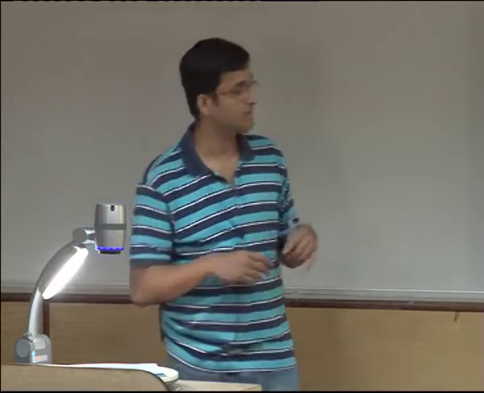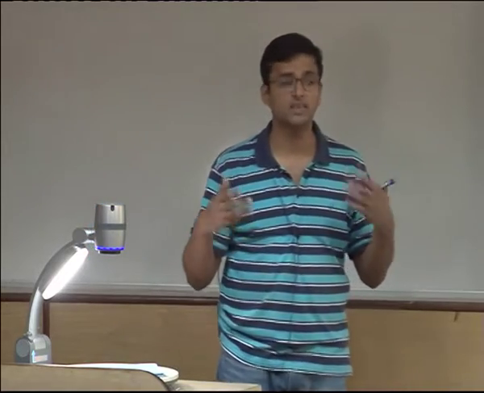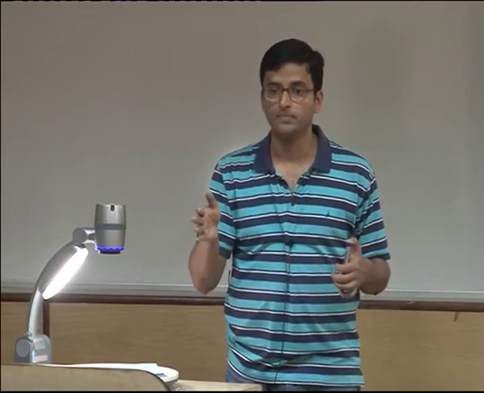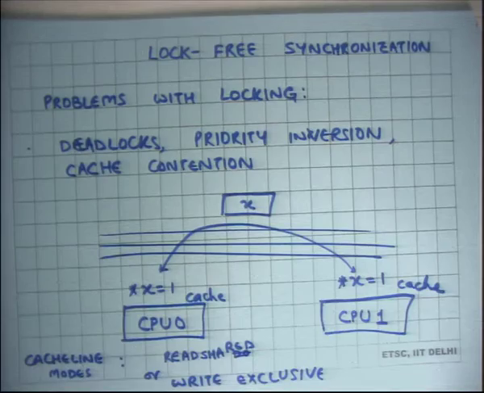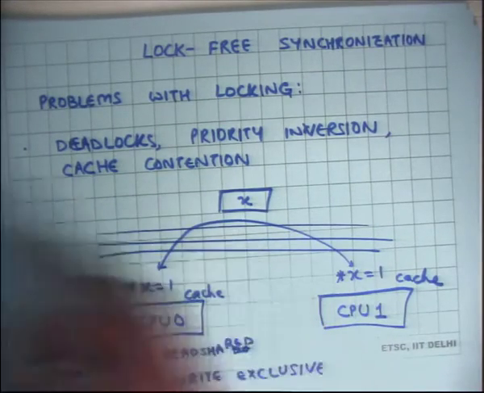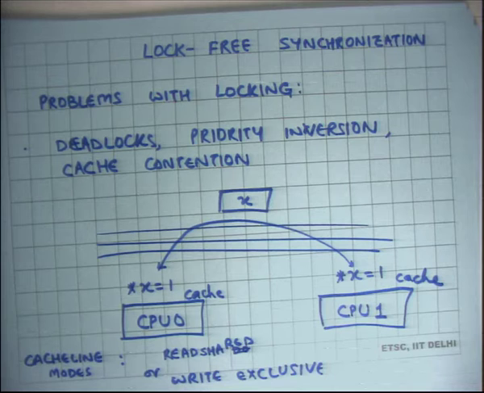And so what happens is if there are two CPUs which are accessing the same location in write mode, then there's a lot of cache line bouncing going on. And this cache line bouncing is not limited by the speed of the CPU, it's limited by the speed of the bus, right? At what rate can the bus do these transactions of cache line bouncing.